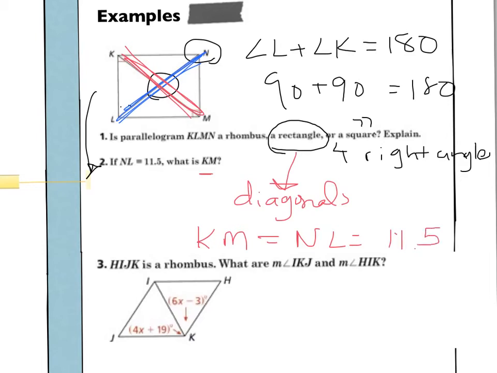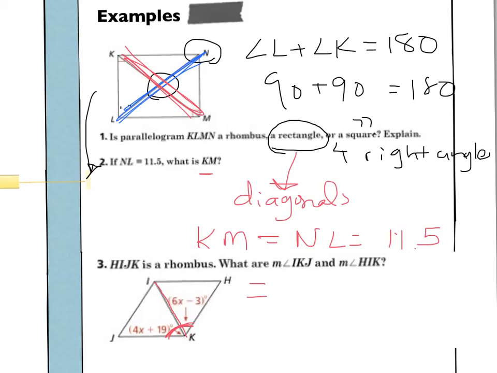Number 3. HIJK is a rhombus. So what are the measurements of IKJ and HIK? These 2 angles here. We know with the rhombus that the angles are bisected by the diagonal, so these 2 angles are congruent. They're equal.